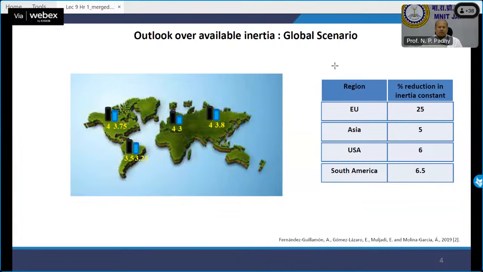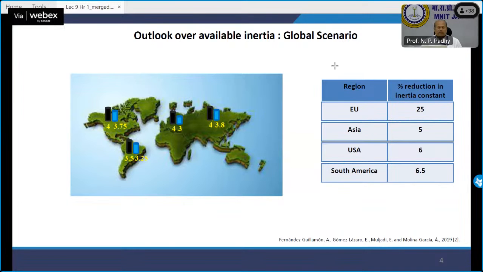Now, outlook over available inertia. The interesting part of this talk is that most of the information, they will not find in textbooks as directly. So these are all making the talk quite interesting. So you could see there are two pillars actually. One is black, one is the blue one actually.